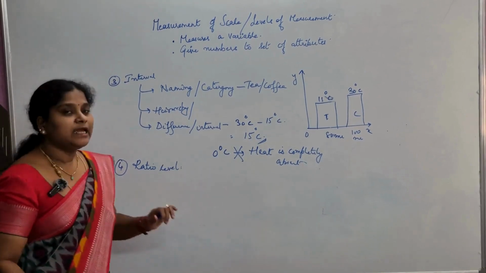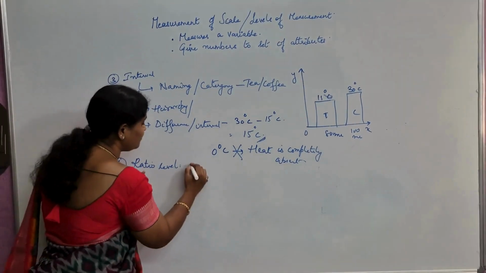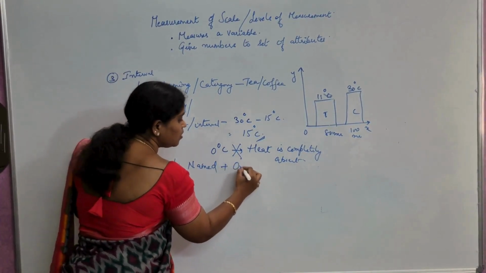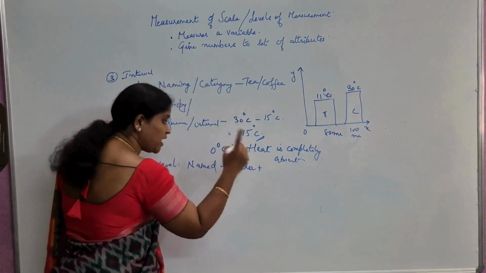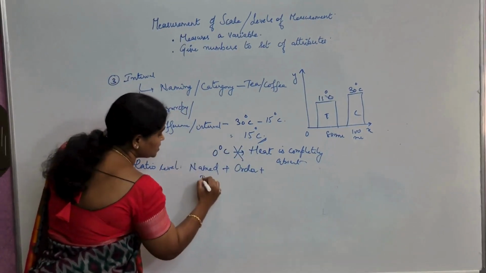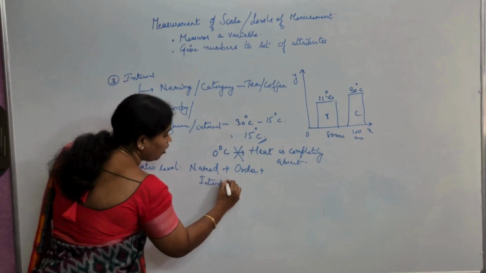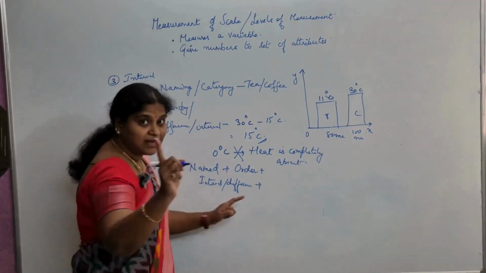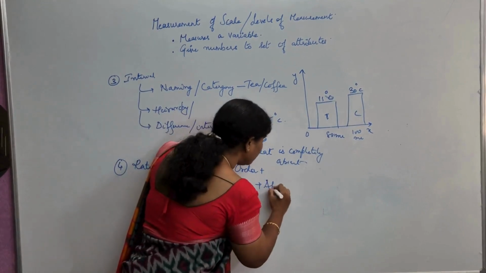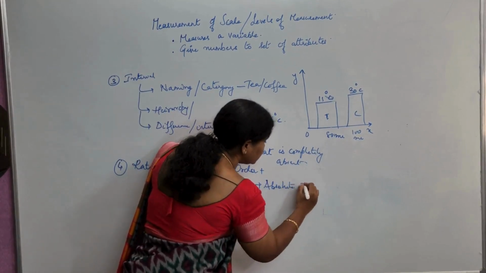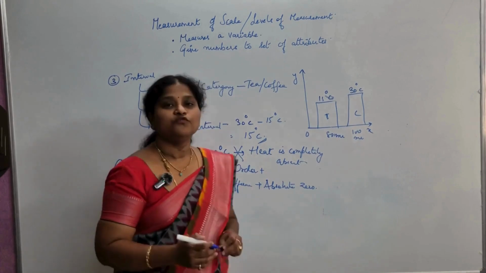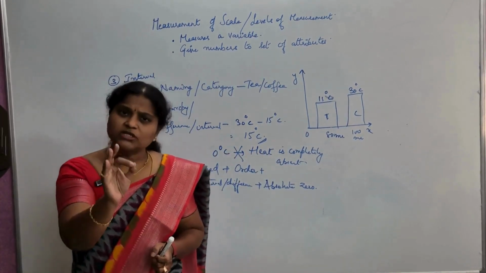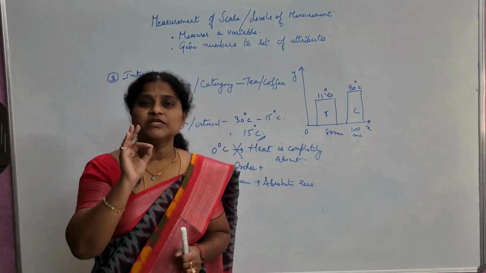The last one is the ratio level. In the ratio level, we have naming plus order plus interval or difference, plus the last one, absolute zero for the data, where zero means the absolute value of zero or absence of something.